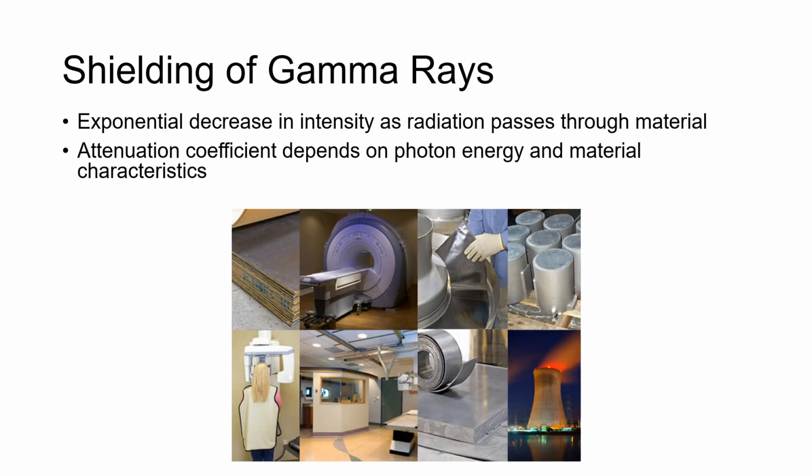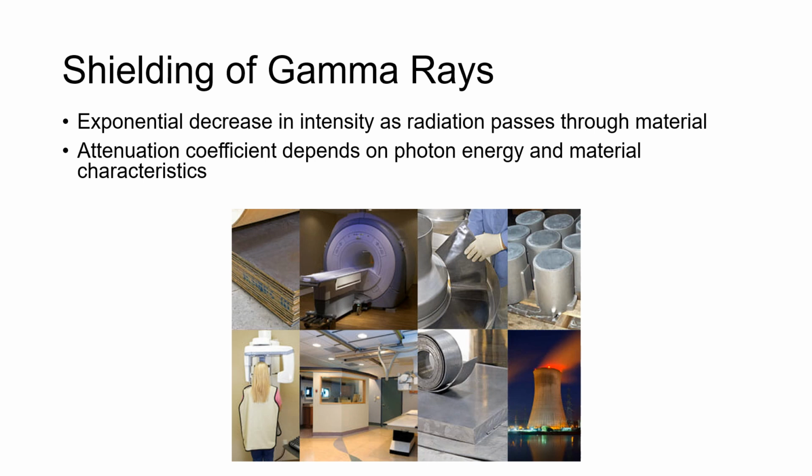The third category of control is shielding. Shielding is the process of using a certain material to block radioactivity from reaching the person. For shielding of gamma and X-rays, there's an exponential decrease in intensity as the radiation passes through some sort of material.